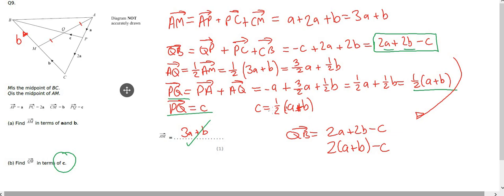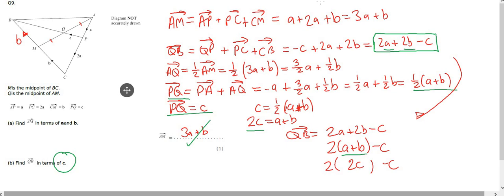So remember, c is a half of that, which means that 2c equals a plus b. So now I can write this as two lots of 2c, minus c, because 2c was a plus b. There's our a plus b. So I just rewrite that as 2c.